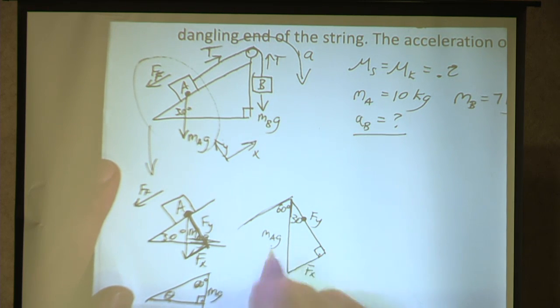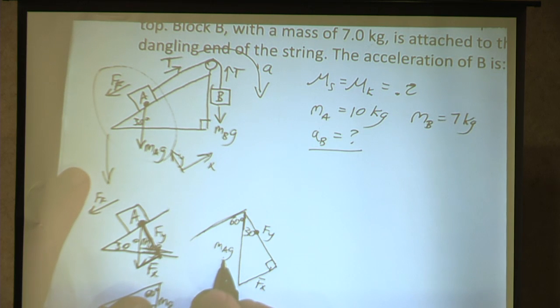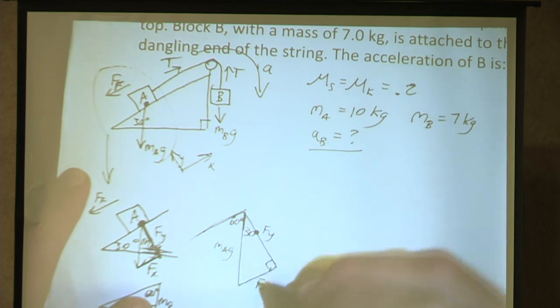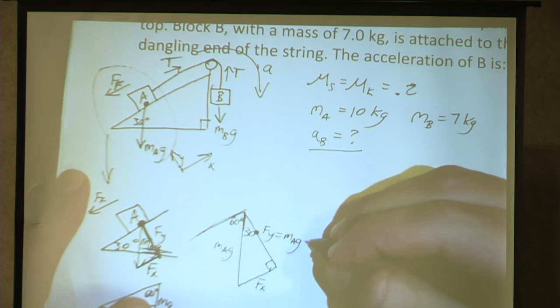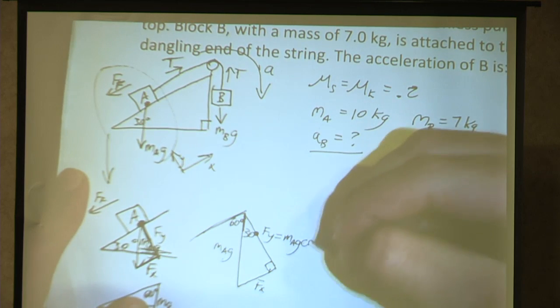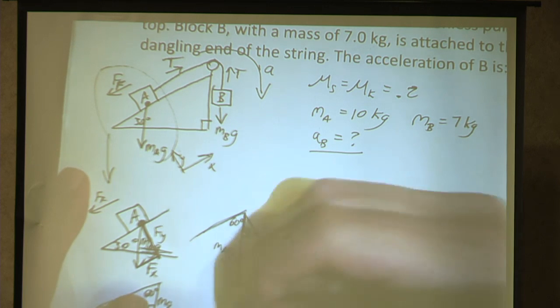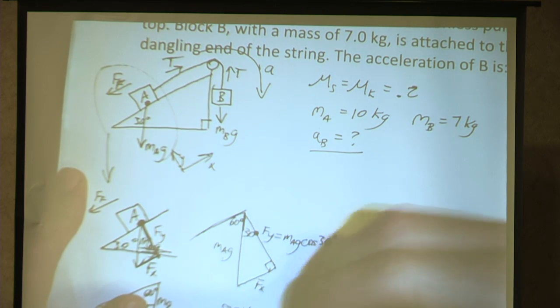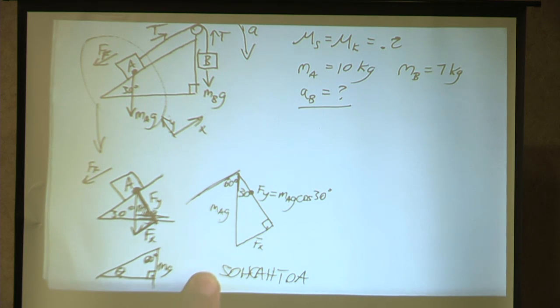All right. So now we got that. If we know this is MAG, we know Fy will be MAG times the cosine of 30 degrees. I got that because of, that, we all know SOHCAHTOA, right?